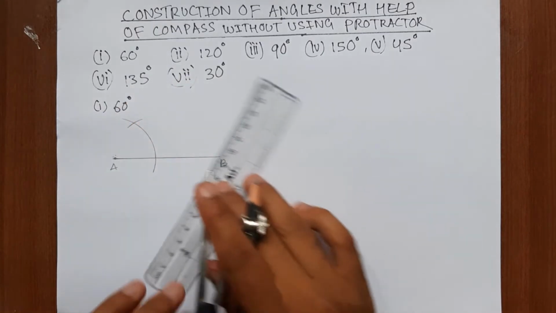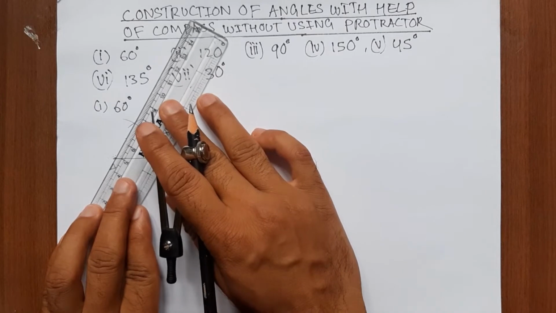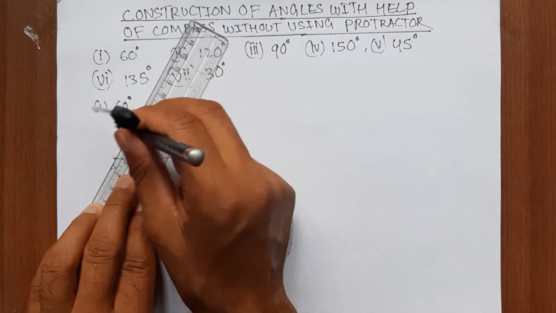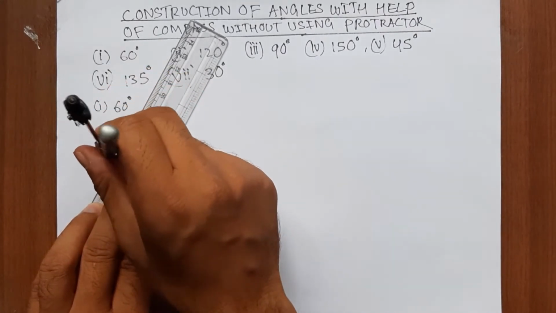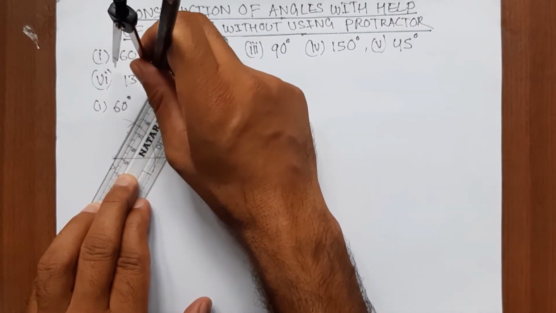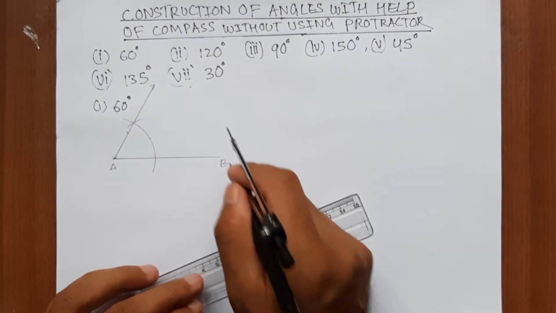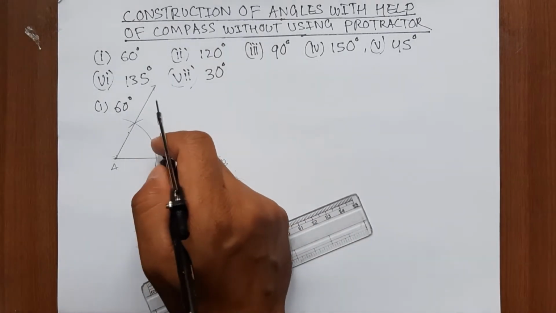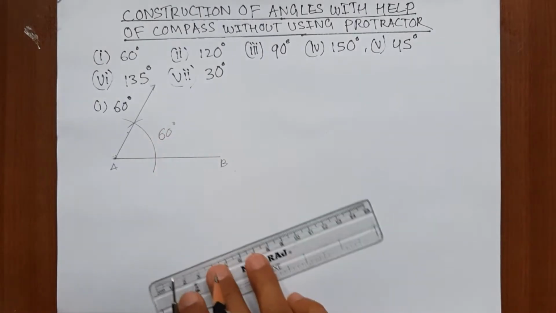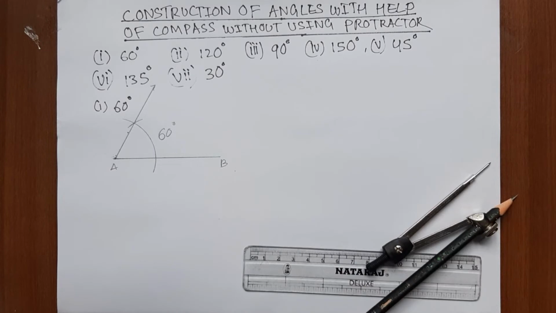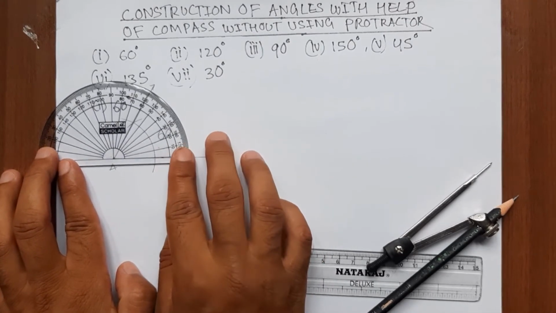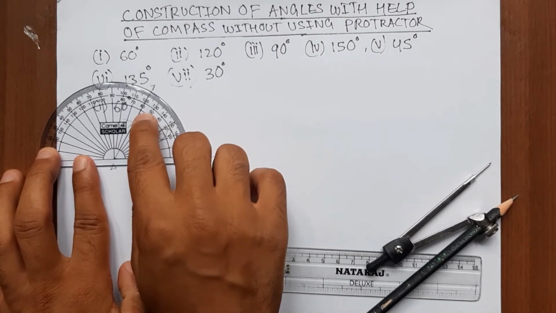We can name it anything. Now we will join this intersecting point and A and produce it. Now this angle is 60 degrees. If you are confused, let me show you whether it is 60 degrees or not. Look here, it is exactly 60 degrees.